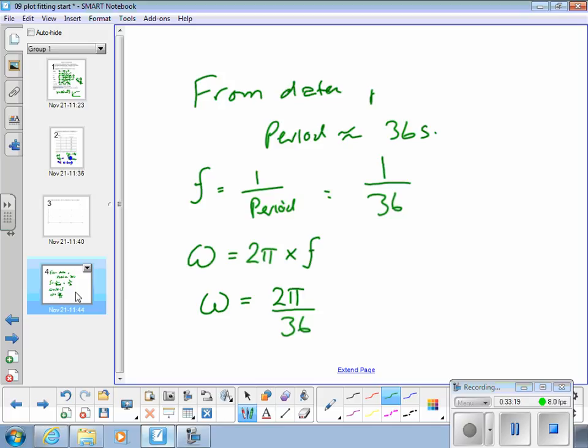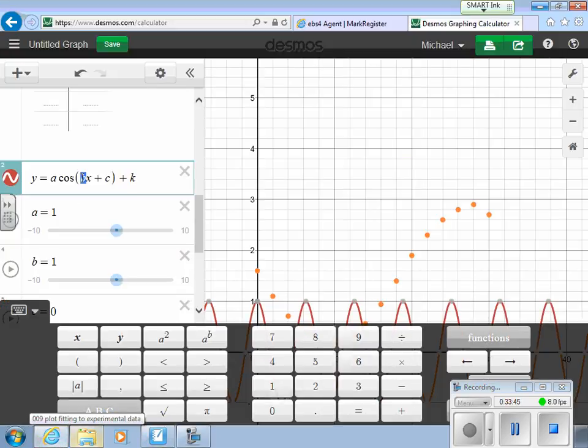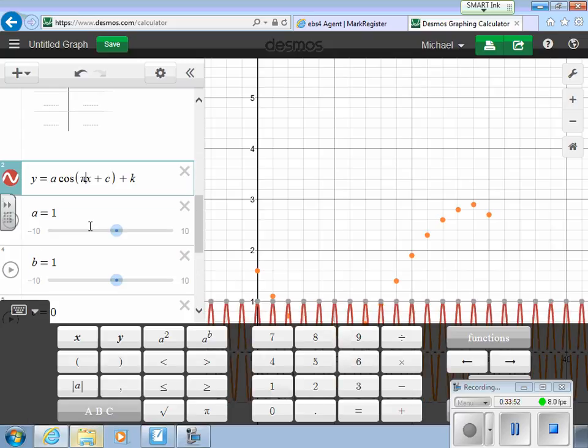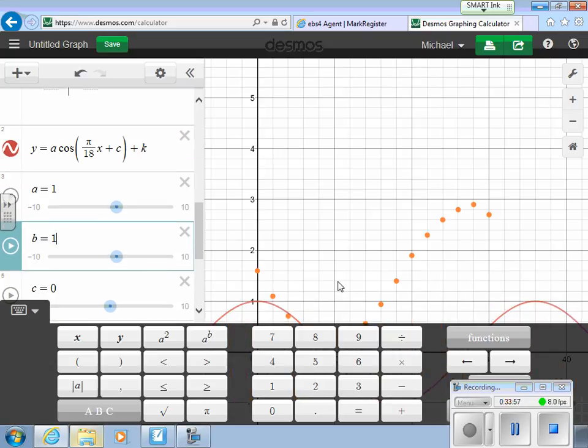Yeah, because that's equal to pi over 18, and from the data.